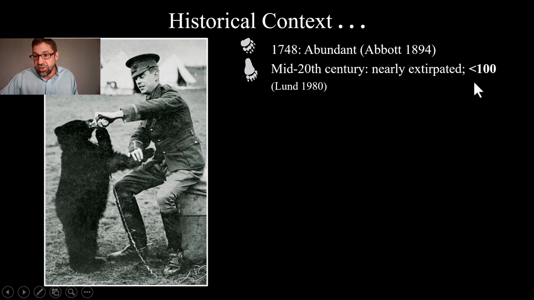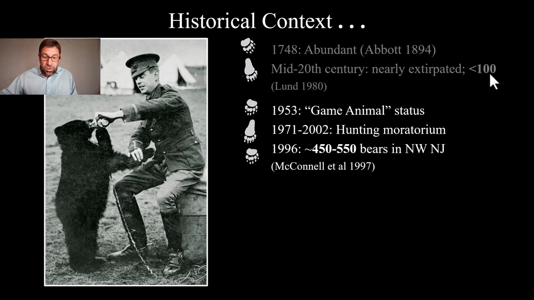It's estimated that fewer than 100 bears survived in a handful of strongholds. Following being designated as game animals in 1953 and a 32-year hunting moratorium, the population rebounds to about 500 black bears in northwestern New Jersey by the mid-1990s.